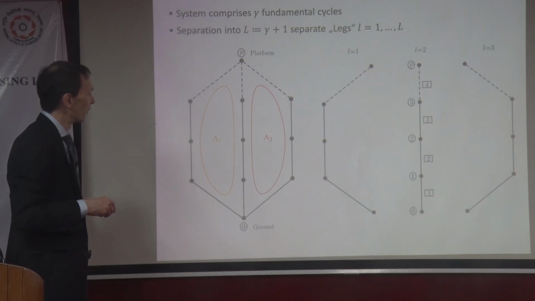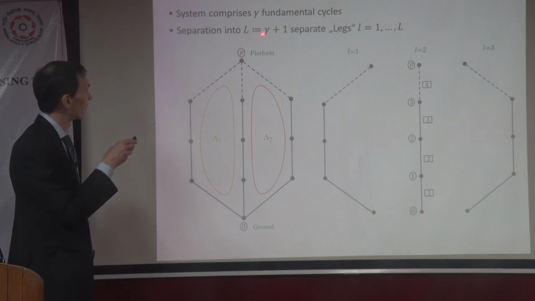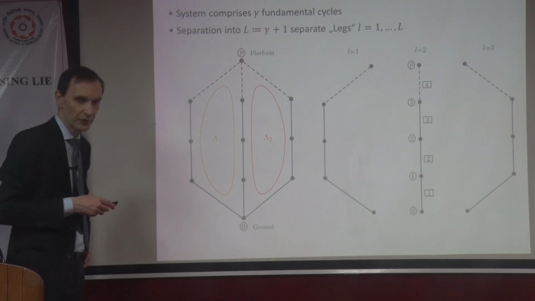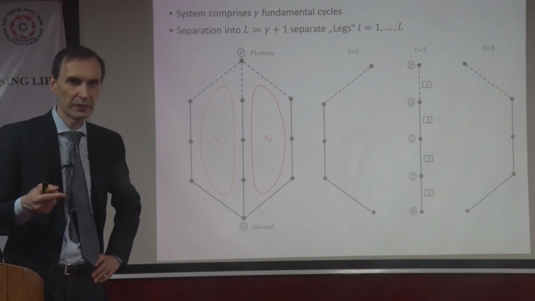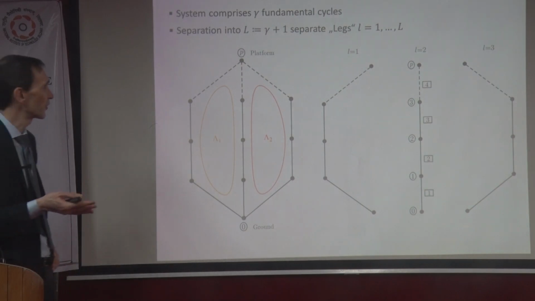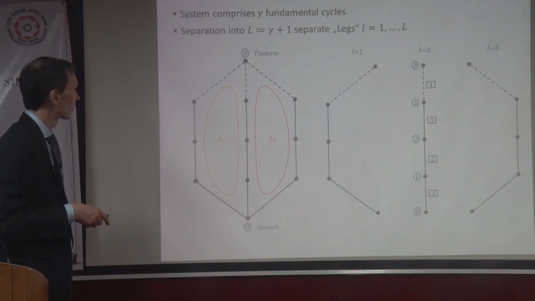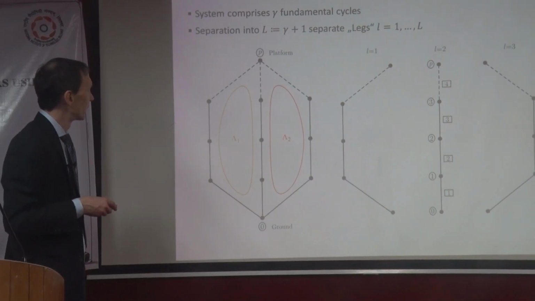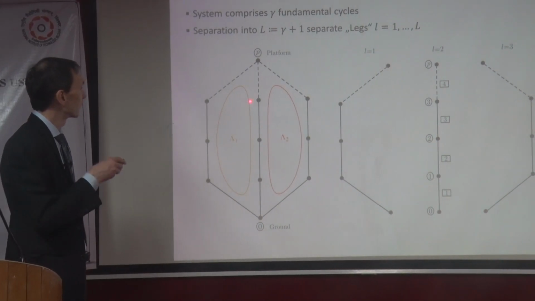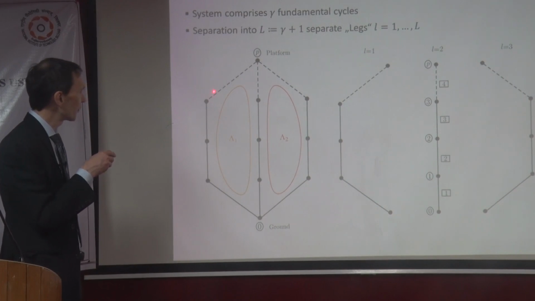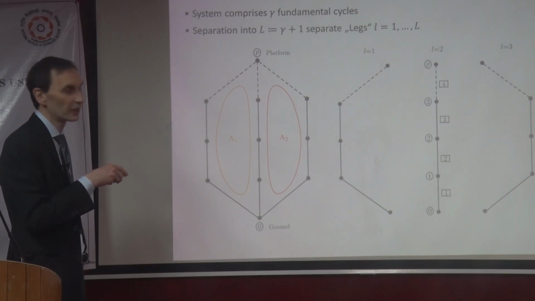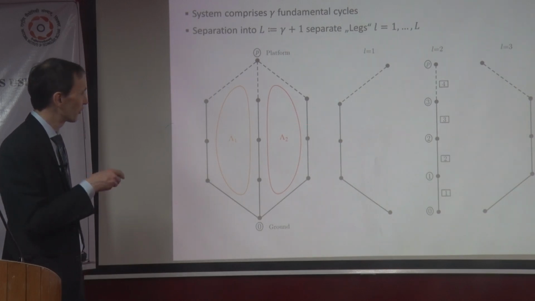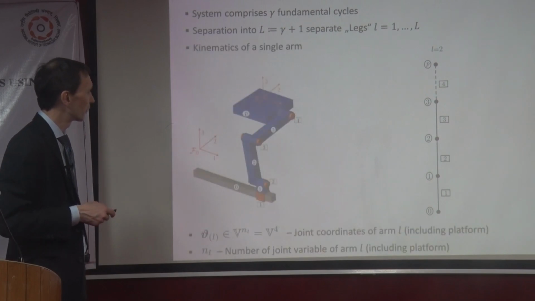Okay, and when you have such a topological graph with, for example, gamma fundamental cycles, and remember this gamma was this Euler number, or this cyclomatic number, which is just the number of fundamental cycles, which is unique for the graph once you have given the number of nodes and edges. Yeah, and what you see immediately is that we always have one more limb than fundamental cycles, right? If you copy this one, then you will see you have exactly always one more limb than fundamental cycles.